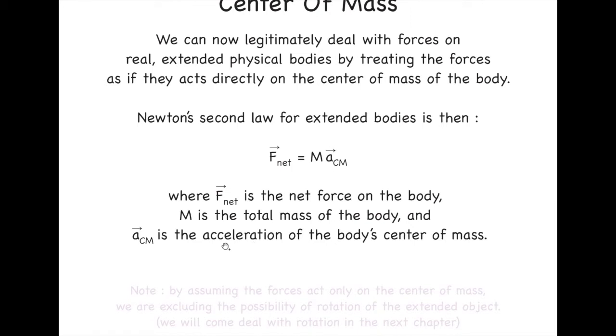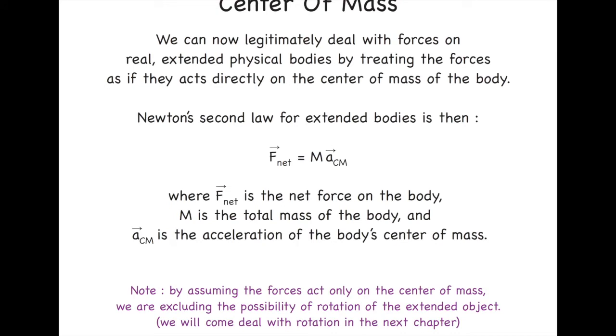But what we're implicitly saying by stating it this way is that we're assuming that the forces act only on the center of mass, right? We are directing our forces towards that point that we've located somewhere, typically inside the body, that is the center of mass, and we're pretending that the forces act directly at that point.